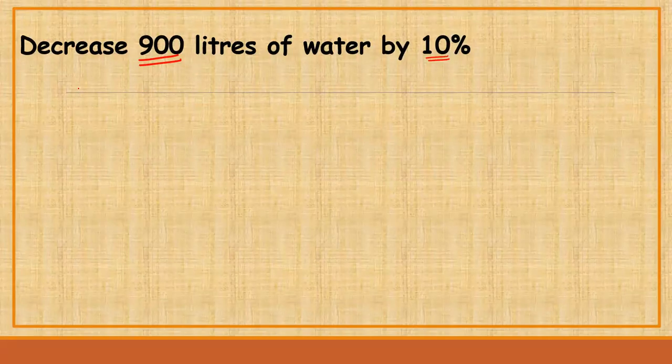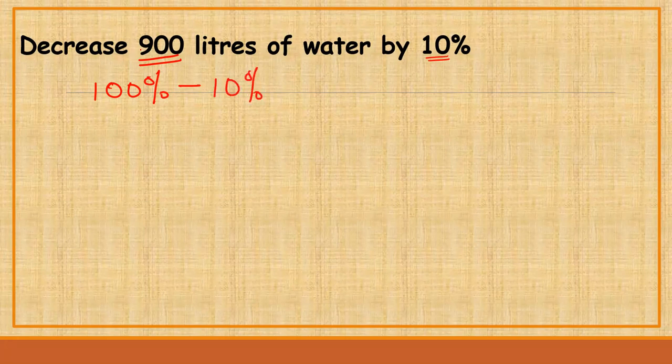So I said under normal circumstances, if these 900 liters are not tampered with, not disturbed, their original percentage is 100%. Minus, since I'm reducing, I'm subtracting my 10%. I'm reducing this normal 900 liters.